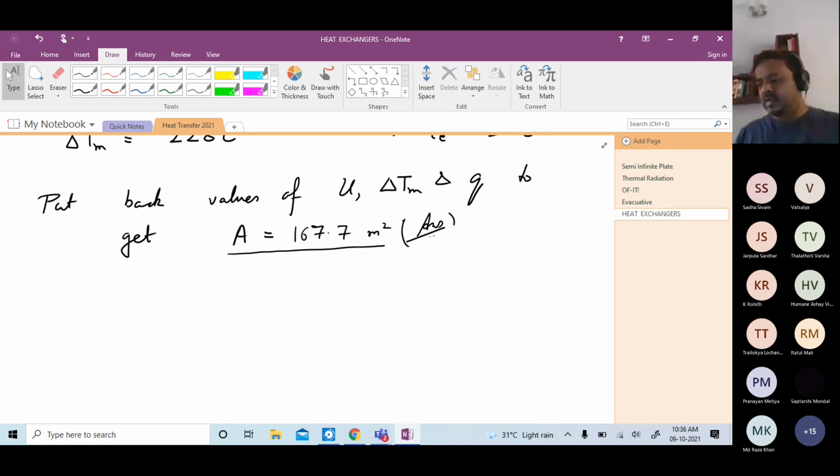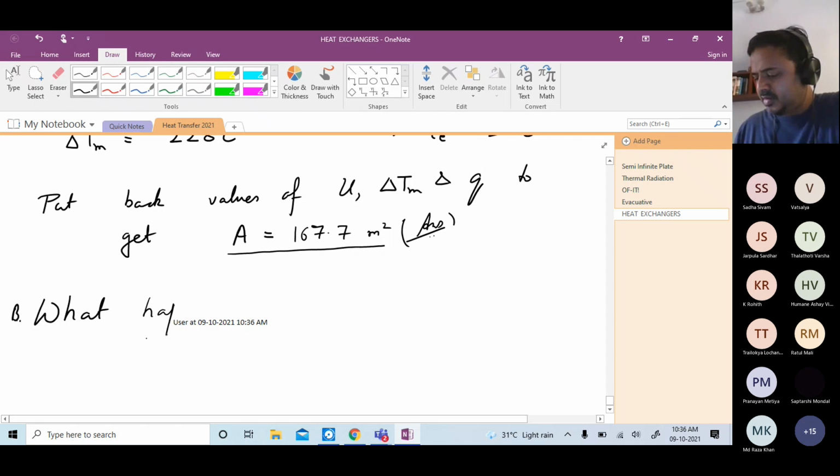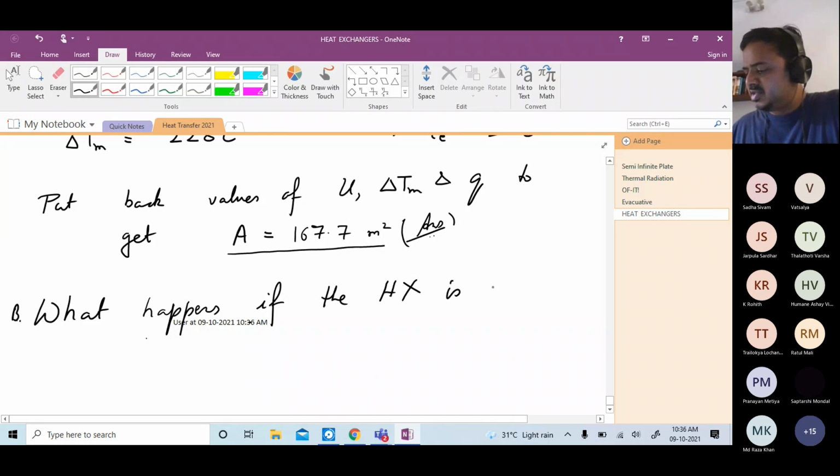This was for parallel flow. Now I can do a part B of this question and say, what happens if the heat exchanger is counter flow?